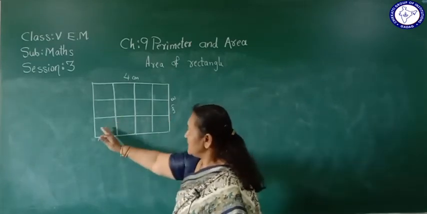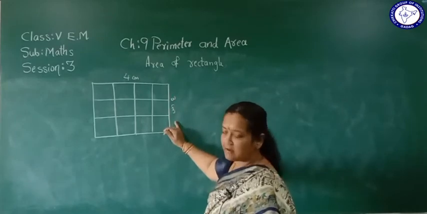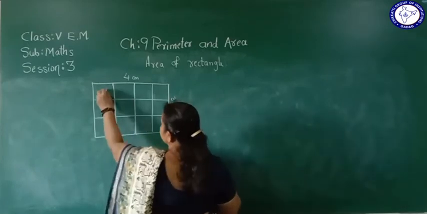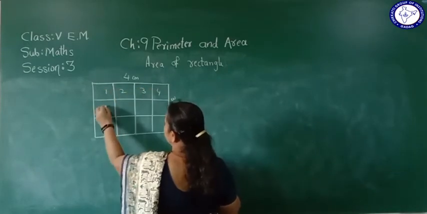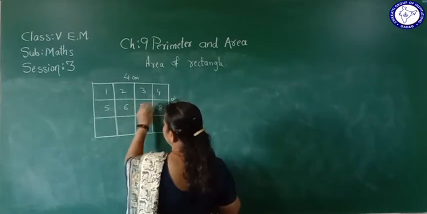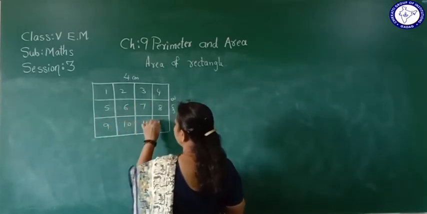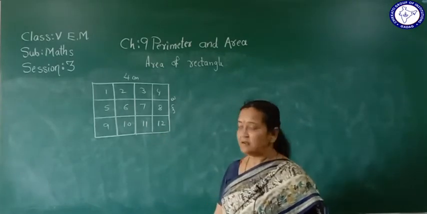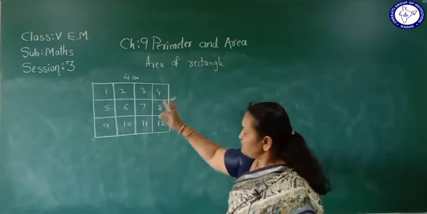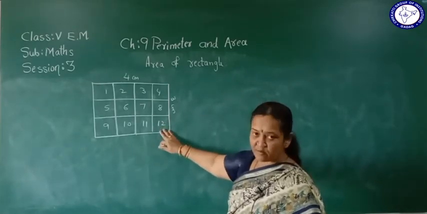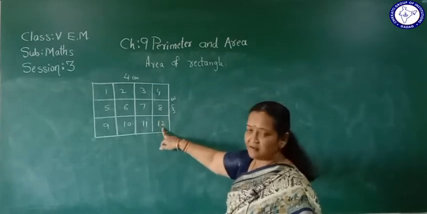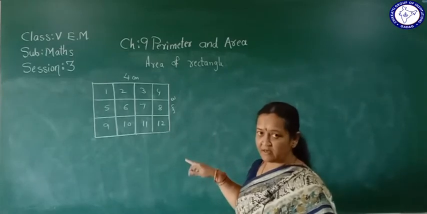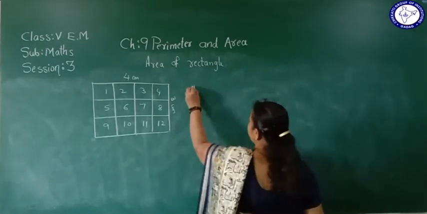How many squares you find here in this rectangle? It is 1, 2, 3, 4, 5, 6, 7, 8, 9, 10, 11, 12. So here area of this rectangle is 12 square centimeter, isn't it?